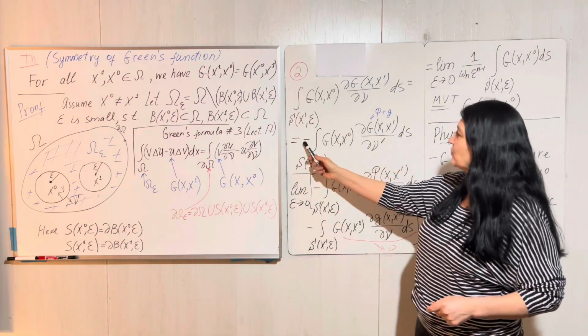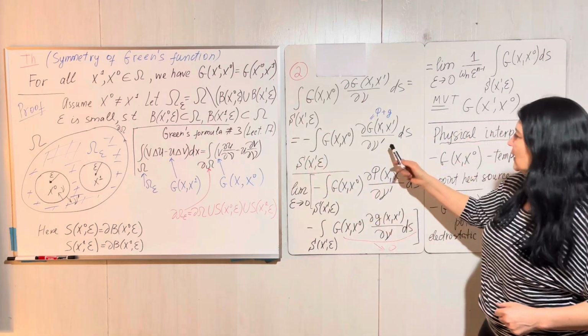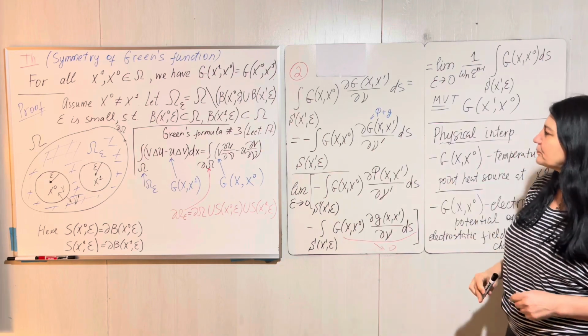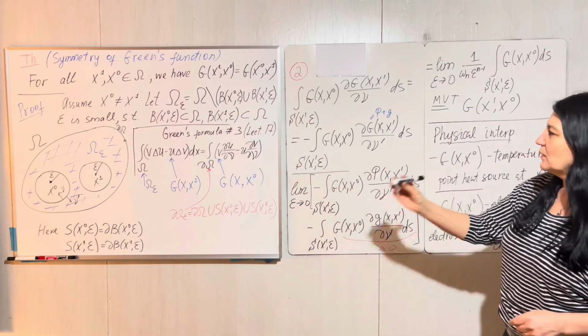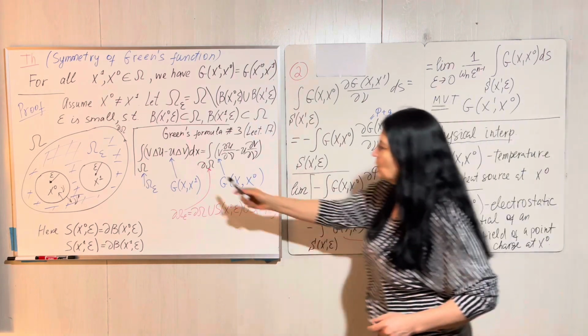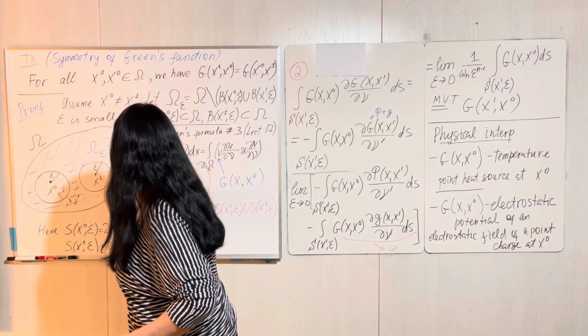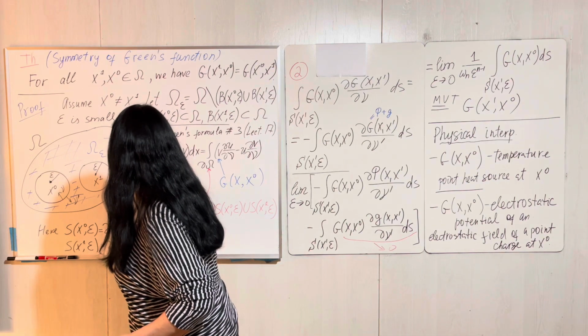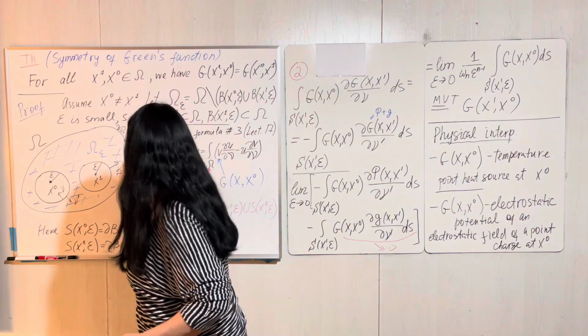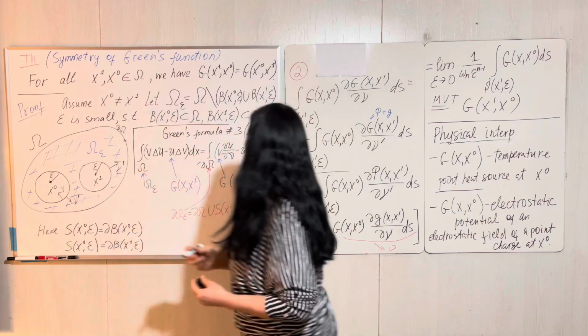So I put here minus and replace the normal pointing outside of this. So here also we're talking about this sphere. So nu prime points this way.